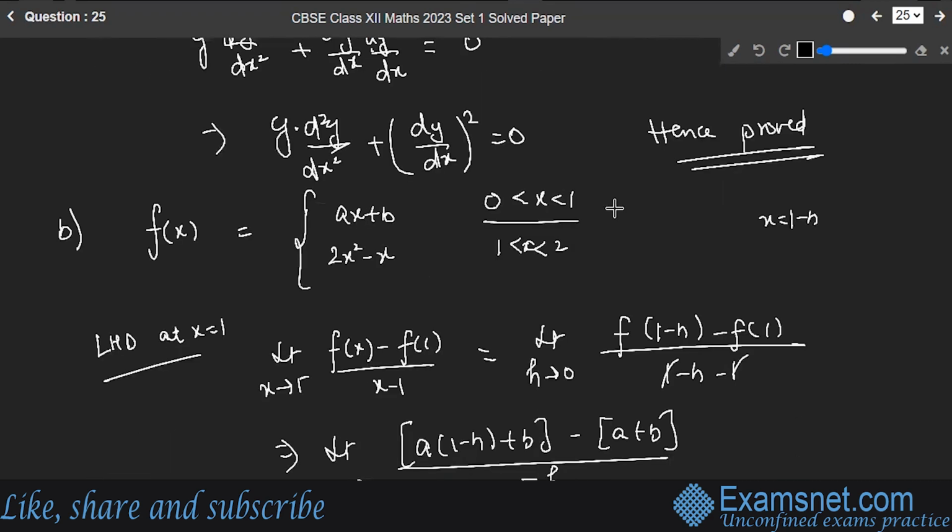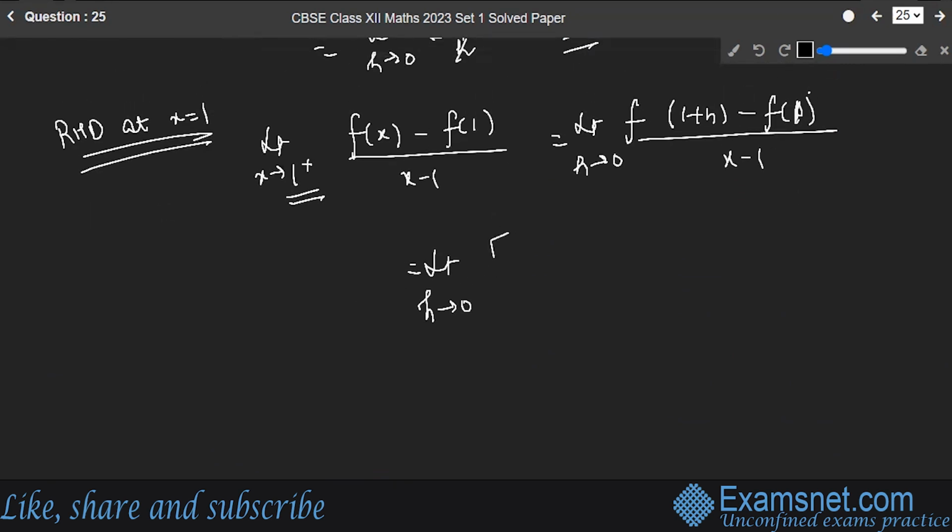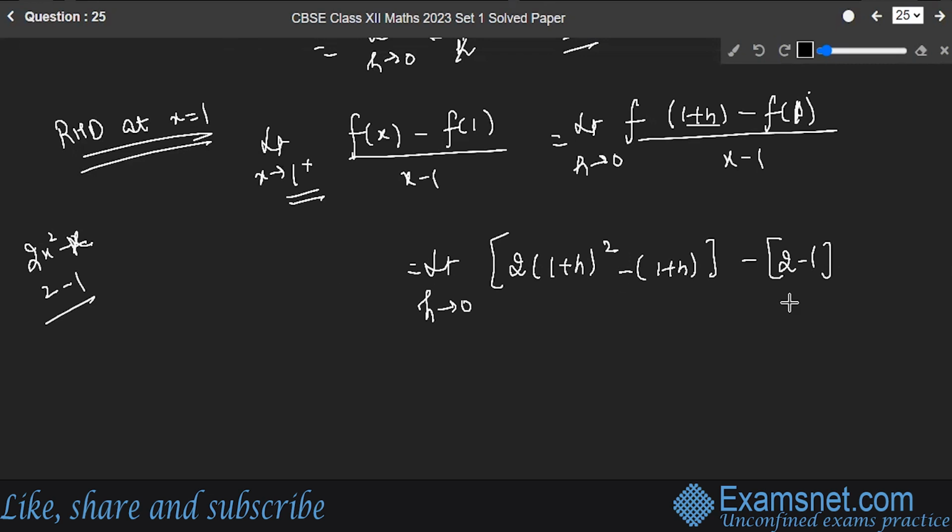Now I'll be considering the second function, which was 2x square minus x. So this is equal to 2x square, x in this case is 1 plus h, minus x, minus (2 minus 1), because when I'm putting x is equal to 1 into 2x square minus x, I'll get 2 minus 1 only. Okay. Whole divided by 1 plus h minus 1.